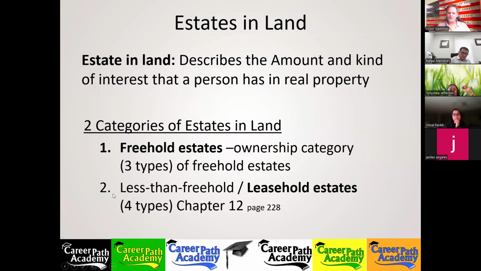And the other category is a less than freehold estate, which is a leasehold, where you don't own it. And there are four types of leasehold estates, which we'll go over in chapter 12. Although I will name them in this chapter just so that you have a little introduction to them. But we actually go over them later on in chapter 12. Chapter 12 is all about leasing.